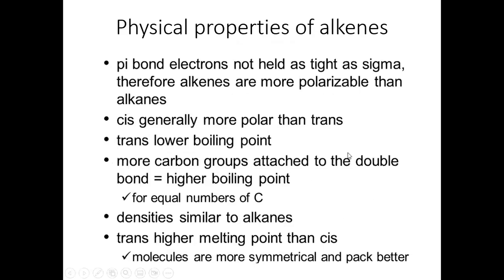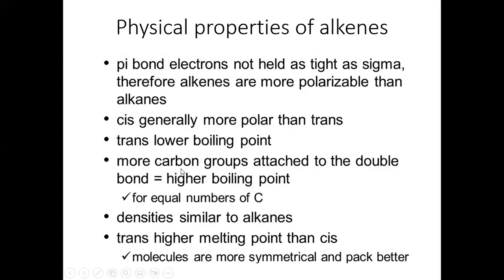So the physical properties of alkenes. The pi bond electrons are not held as tightly as sigma bond electrons. Therefore, alkenes are more polarizable than alkanes. Cis is generally more polar than trans, and trans has the lower boiling point, right? I think we did discuss cis and trans before on the structure.